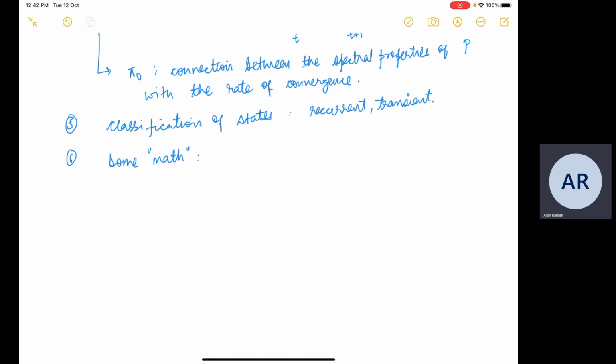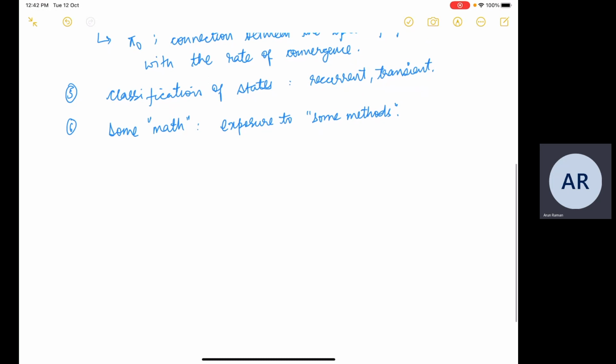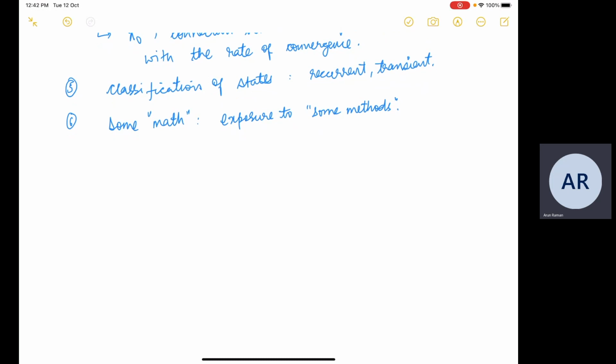The idea was basically to give you exposure to some methods, or just to give you a feel of what kind of methods and tricks and analysis are used when we are dealing with Markov chains or random walks. That particular analysis may or may not be useful, but it gives you an idea of what kind of stuff goes on in this research area.